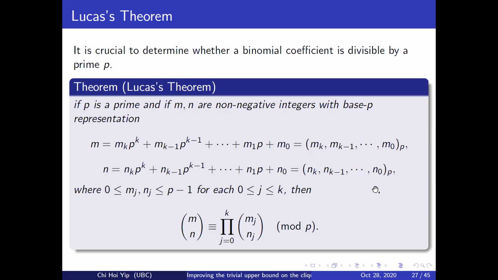So we just need to write them in base p representations, find the binomial coefficient in each digit, and multiply them. And the nice thing about this theorem is that for each digit, m_j and n_j are always bounded by p minus 1. So it's very easy to check whether this binomial coefficient is divisible by p.